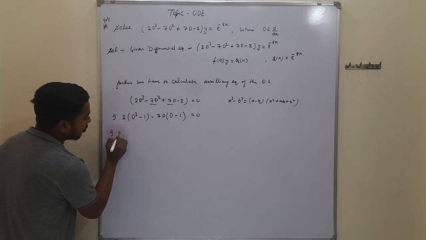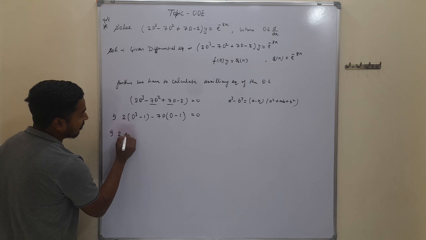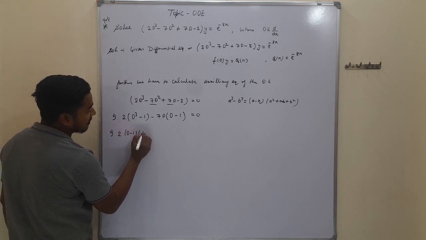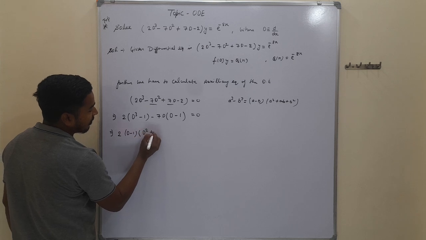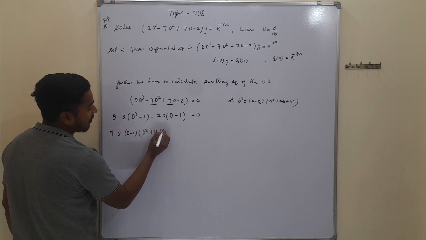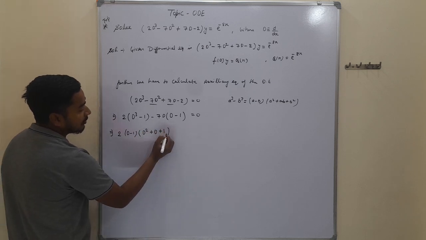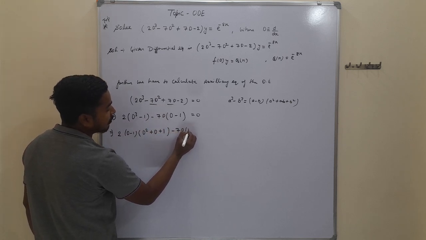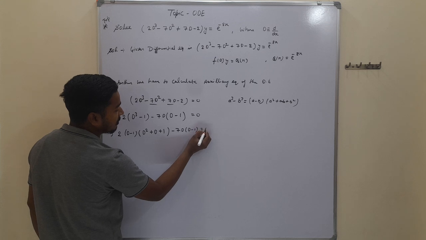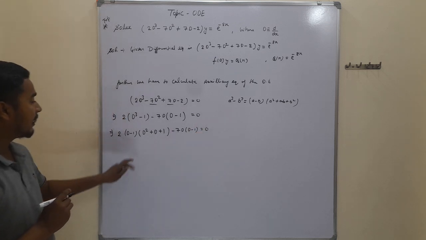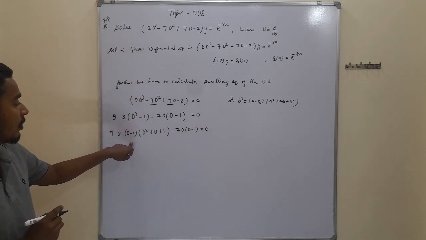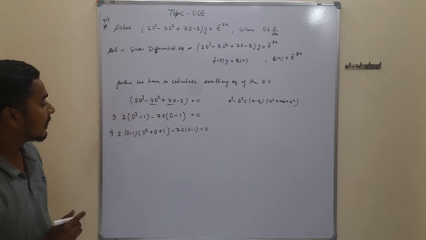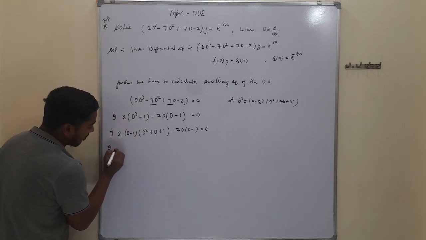This gives 2(D − 1)(D² + D + 1) − 7D(D − 1) = 0, and from here we take (D − 1) common.